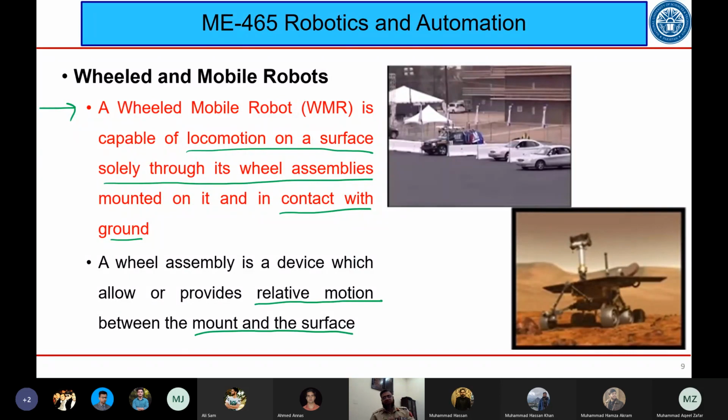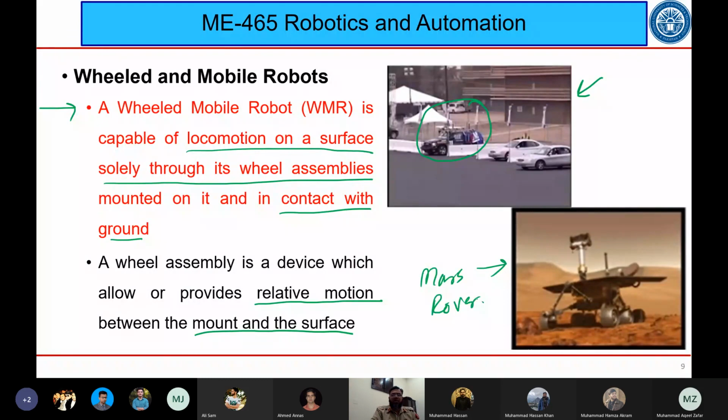So there is a relative motion between the surface and the mount, और वो mount के दरमियान की चीज़ लगी हुई है वो wheels। So अगर आप ये ऊपर वाली डायग्राम देखें, तो इसके अंदर आपको ये ऑटोनोमस कार नज़र आ रही है। ठीक है, और अगर आप इसमें ये आपका मार्स रोवर है, so this is your Mars rover.